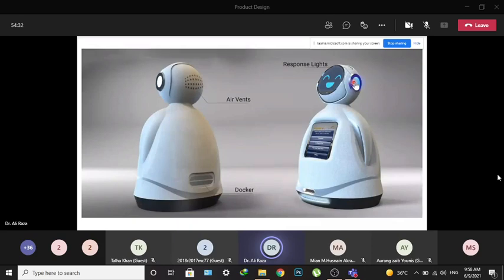So this was the final concept made, which we decided to get into the prototyping stage. I will discuss prototyping in the next couple of lectures, but that is altogether a different topic, so we will discuss that later on.